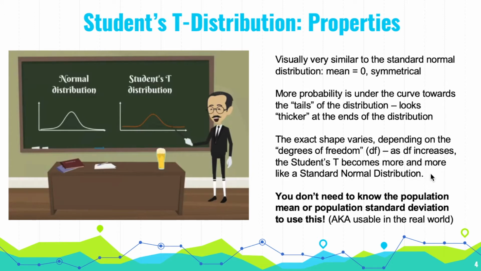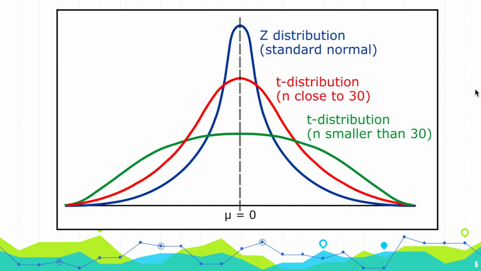And as it increases, it's going to become more and more like the standard normal distribution. So you don't need to know the population mean or the population standard deviation to use this to calculate confidence intervals. I wanted to show a comparative graph for you so that you can understand how the normal distribution and the t-distributions at different degrees of freedom actually look next to each other.